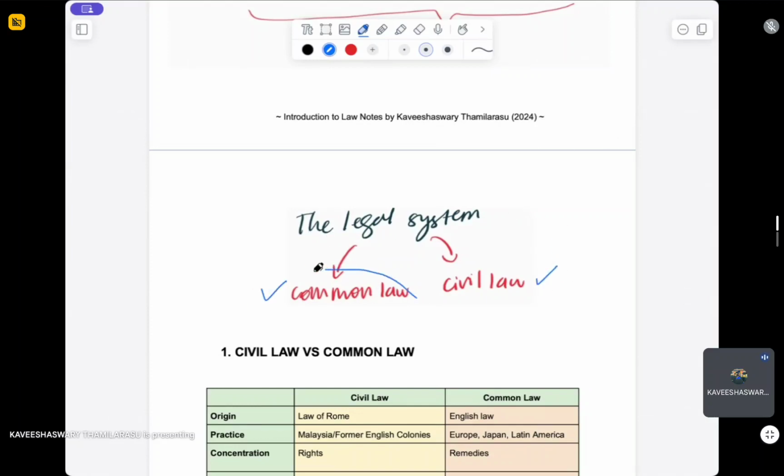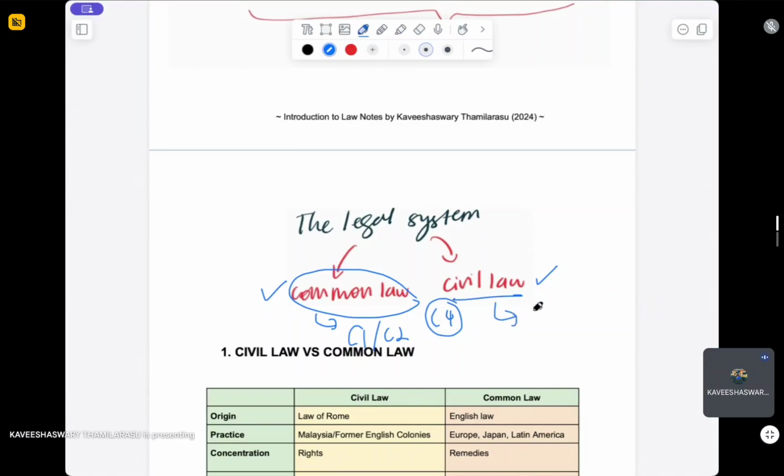I'm pretty sure common law is something I already covered in chapter 1 and chapter 2, and you will also learn it in chapter 4 about common law and equity. That goes under common law, which is basically the law from the Norman conquest, the basic law in the UK, which was passed on to the Commonwealth countries and so on.